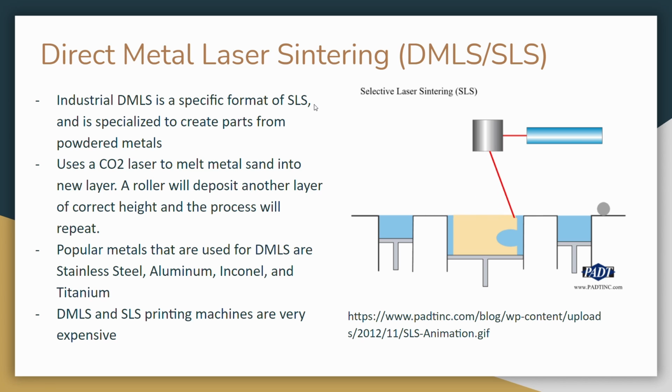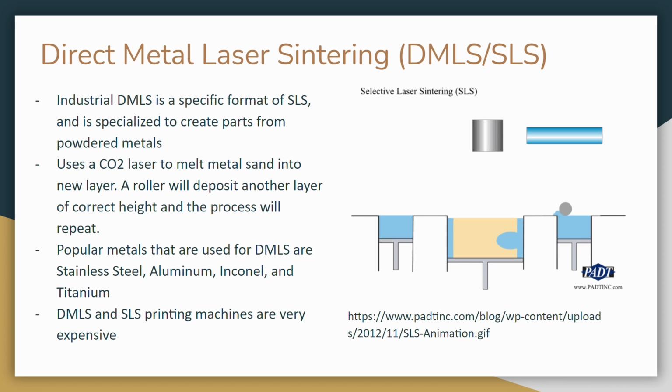Finally, direct metal laser sintering machines are the leading type of printers for industrial applications. They belong to the family of additive manufacturing known as selective laser sintering. DMLS machines are specialized to use metal powders for their printing material. Popular metals in the automotive and aerospace industry, such as stainless steel, aluminum, Inconel, and titanium, are all available to be printed using DMLS.